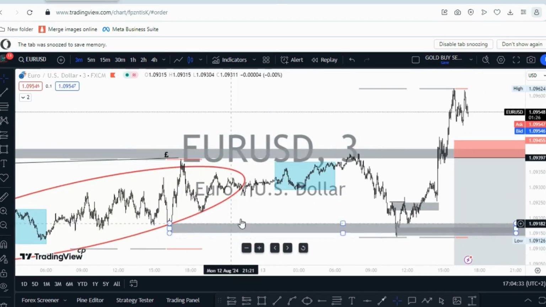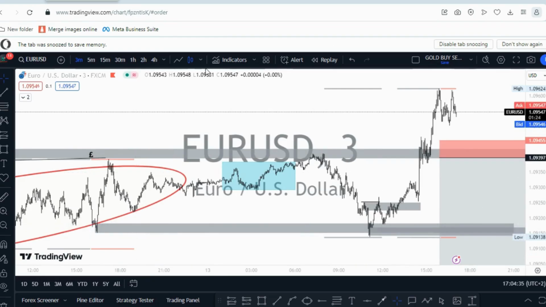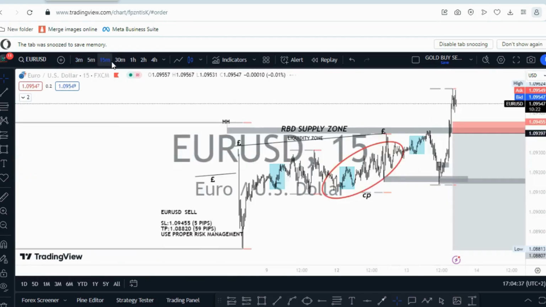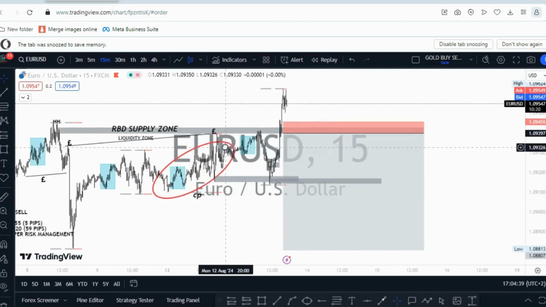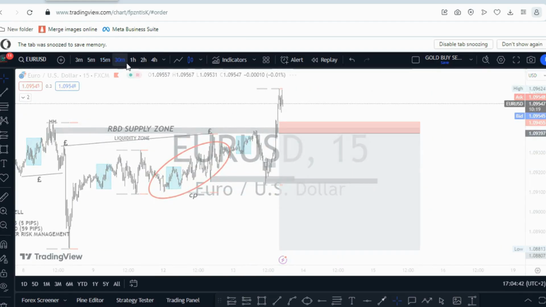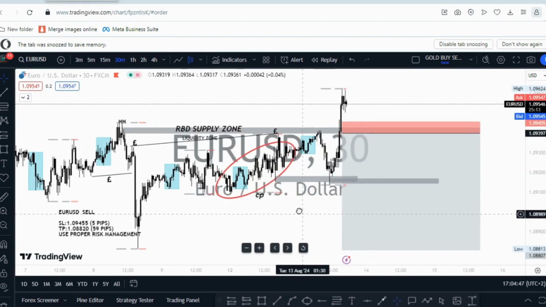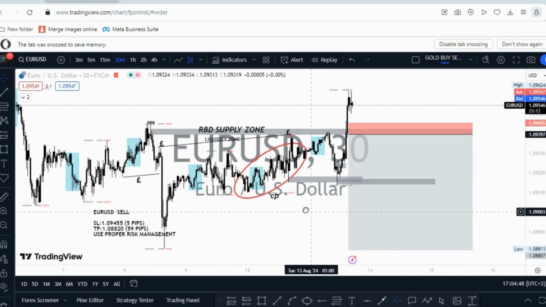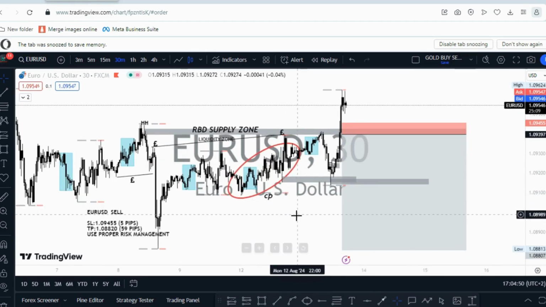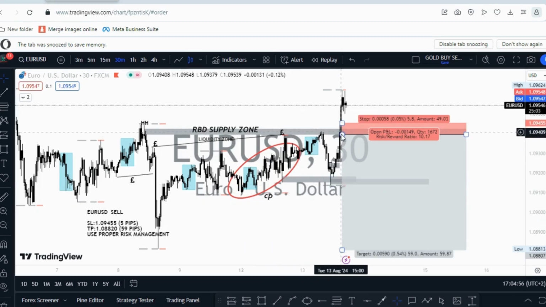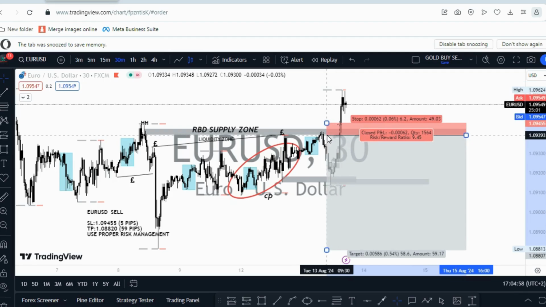Unfortunately, we had this zone right here which caused the market to push to the upside. And the good part about it is that we managed this trade very, very nicely. We were able to get out on time. The close of the trade was actually perfect, because immediately we closed the trade, the market just reversed, and we were saved by simply following price action.